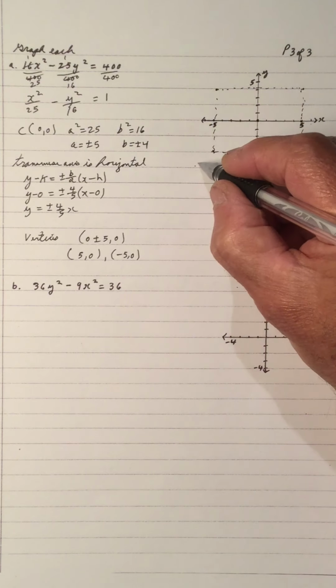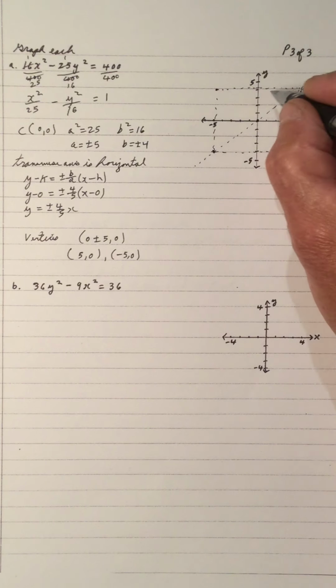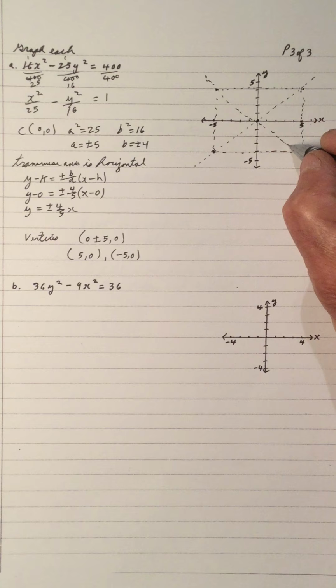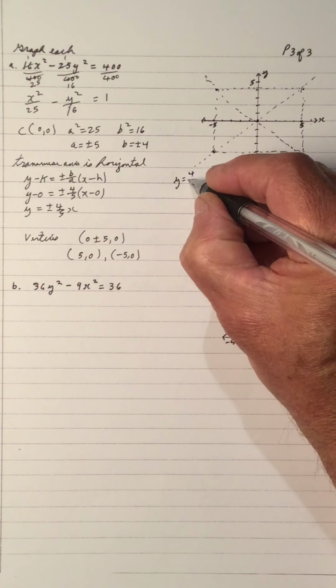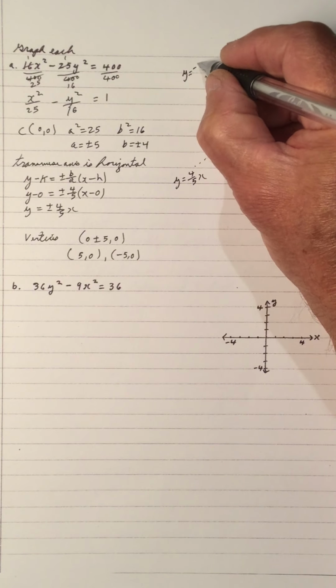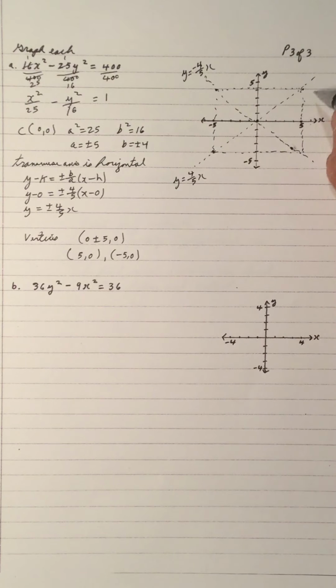The positive asymptote is this one, and the negative asymptote is this one. The positive asymptote is y = 4/5 x. The negative asymptote is y = -4/5 x. And the vertices are (5, 0), so the branch swings towards the asymptote like this.